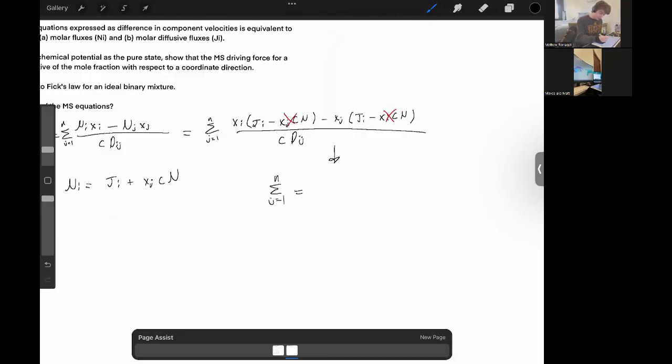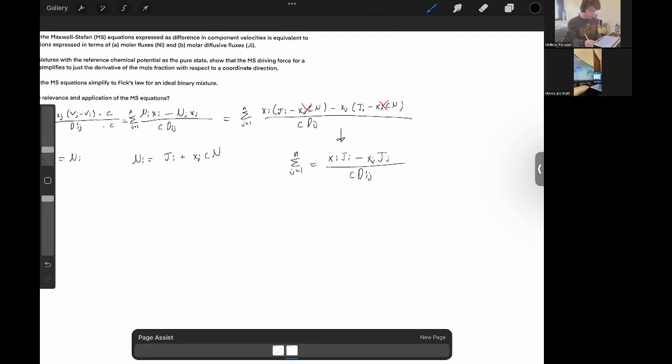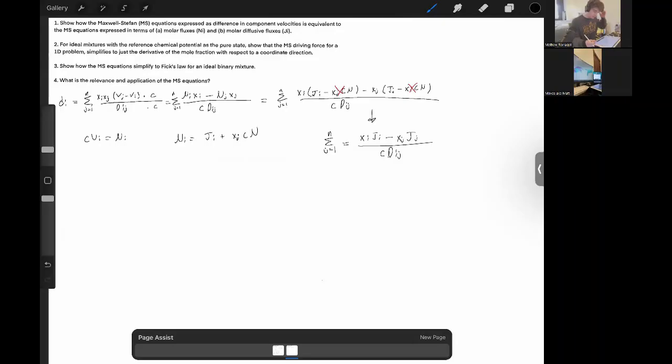It's 1, which then equals x of i, n of j minus x of j, n of i, over concentration multiplied by our diffusivity.